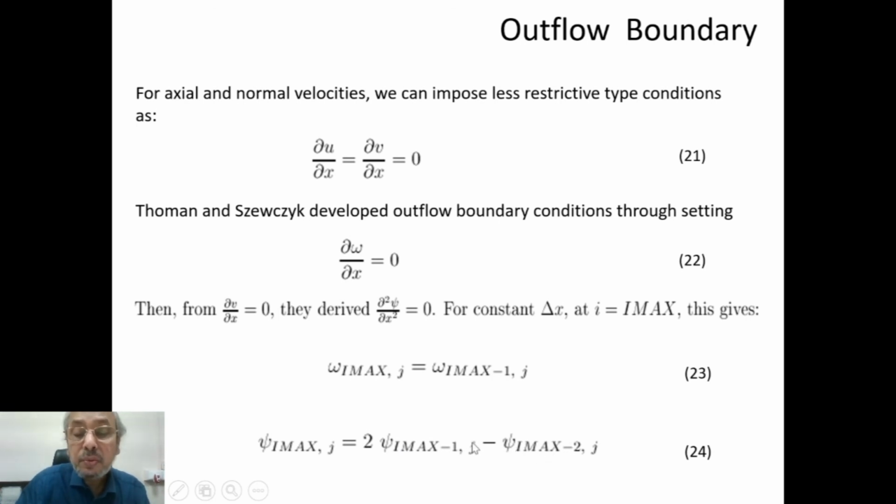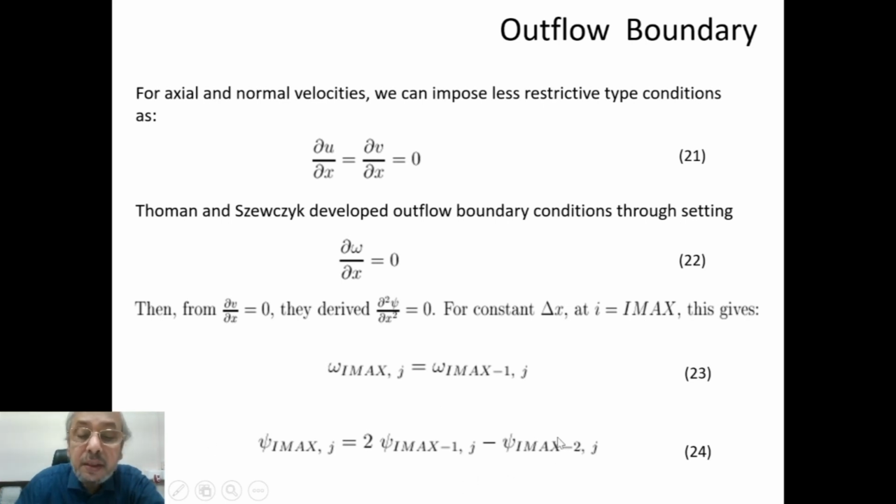Again, j is the same, at any j you will consider this condition, j equal to 1, j equal to 2, j equal to 3, it will be the same, but what we have written is psi I max minus twice psi I max minus 1 plus psi I max minus 2, by delta x square equal to 0.